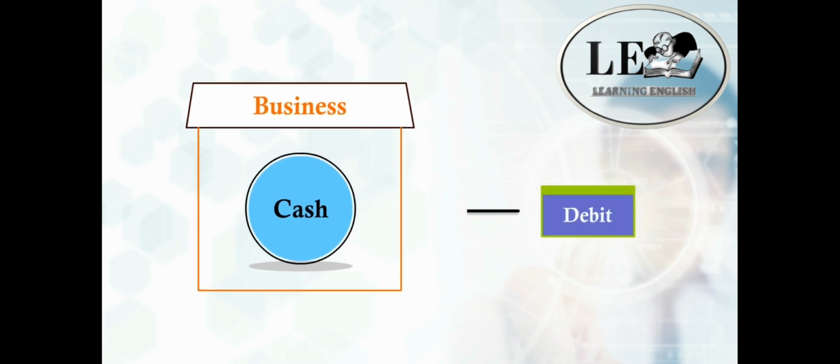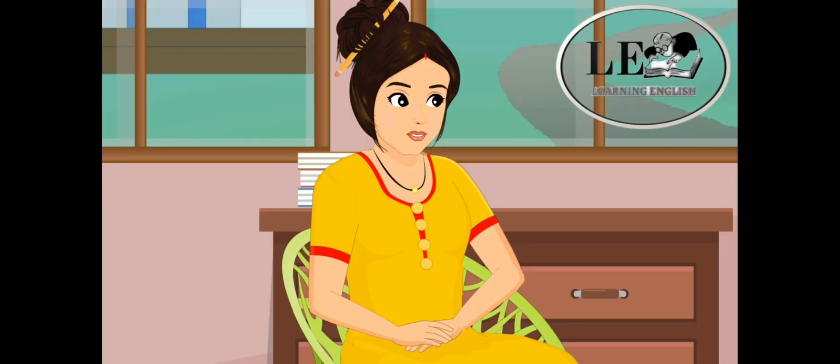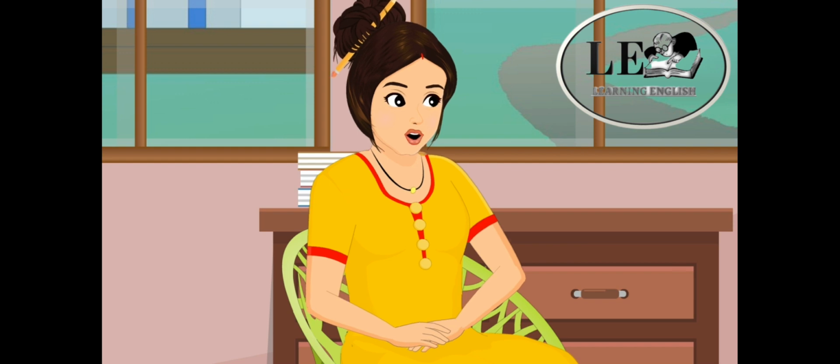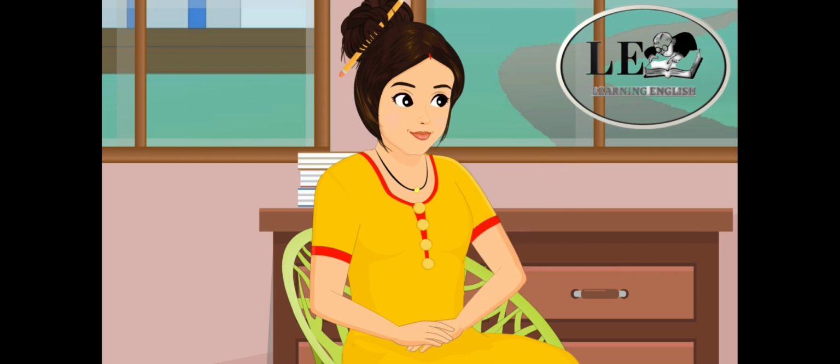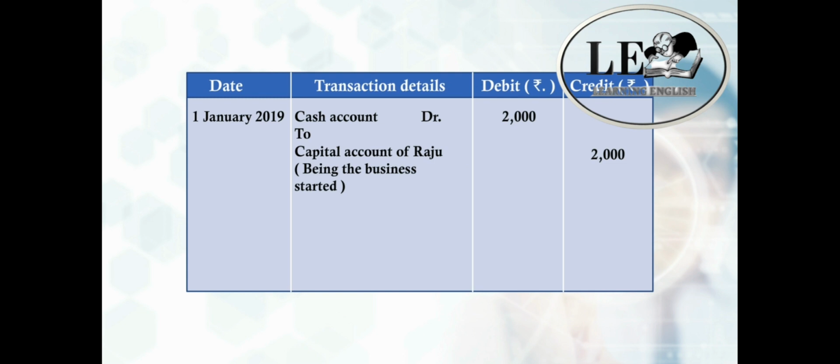Also keep in mind that debit is what comes in. Raju's contribution is capital he gives to his business and hence is a personal account that needs to be credited. Again, remember, credit is the giver. So, this transaction will be entered in the general journal, assuming that it is done on 1st January 2019.